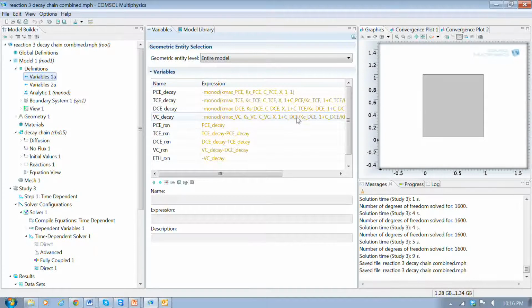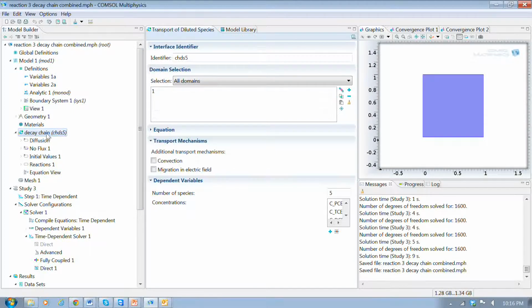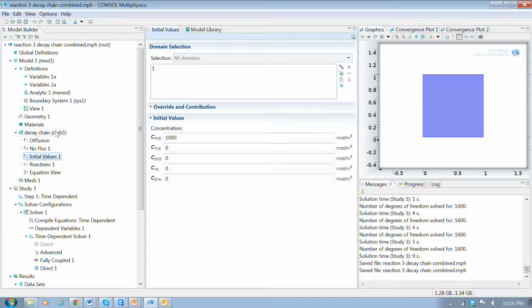So that's the dependent variable that I defined right here. And then if we go to initial values, what I'm doing is starting off with an initial value of 1,000, in this case moles per cubic meter, and no concentration for the other compounds.